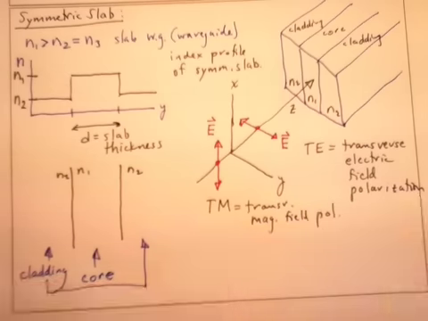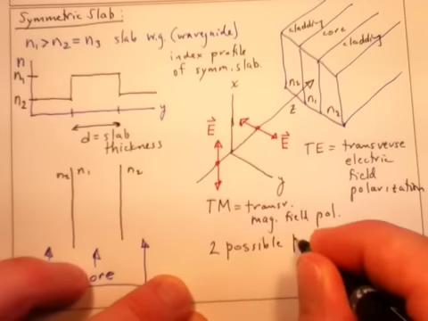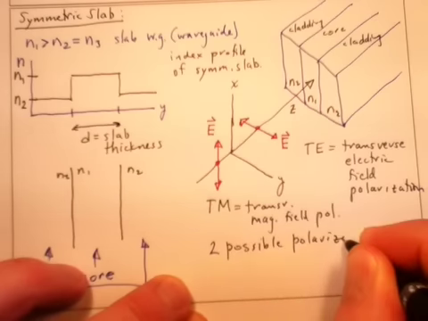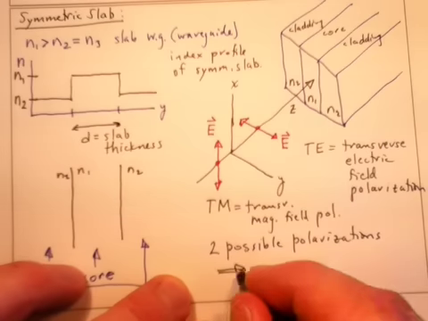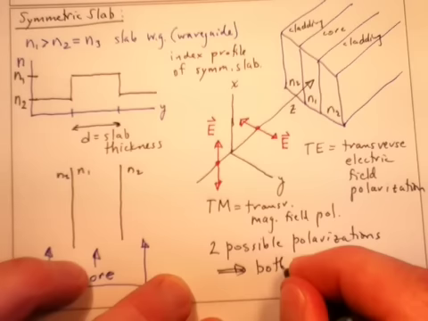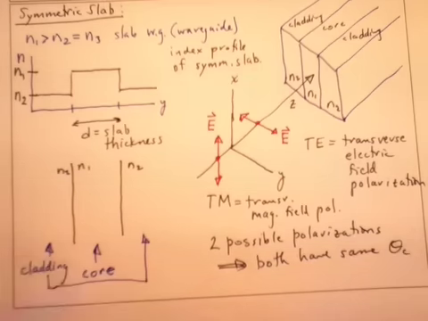Okay, so there are two different possible polarizations. And they both have the same critical angle. Okay, so that simplifies our treatment here.